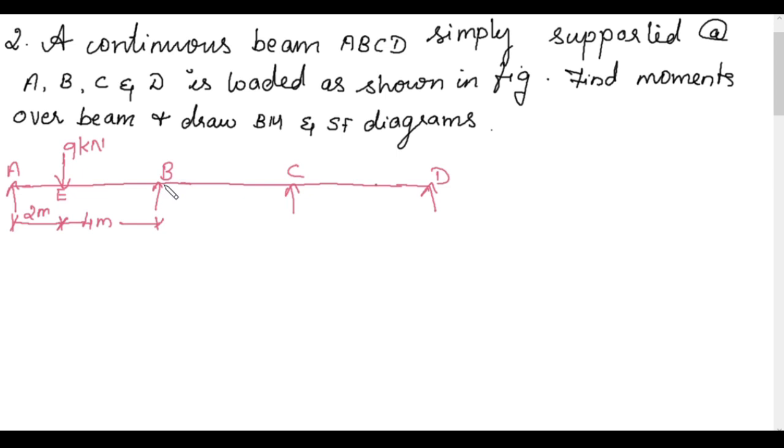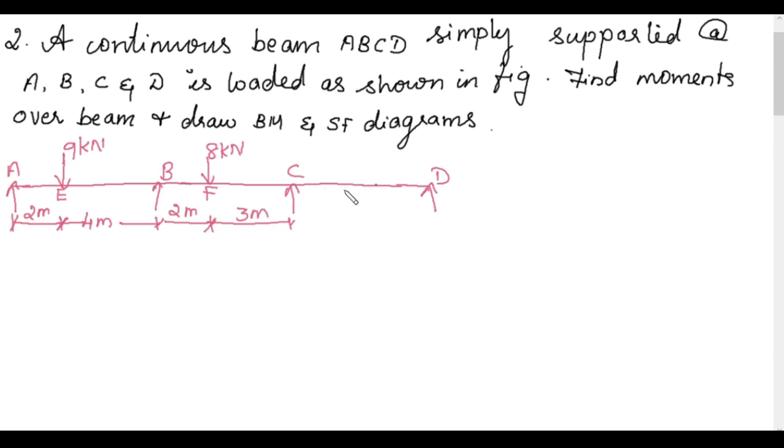Now for the span BC, you have an 8 kilonewton load that is acting at a distance of 2 meter from B, and this point is taken as F, and the distance FC is given as 3 meter.